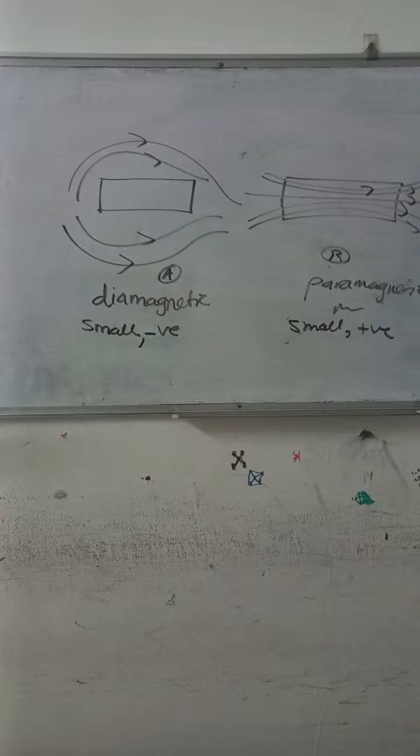In this position, the magnitudes of torque and force acting on it respectively are: first option 0 and MB, second option MB and MB, third option 0 and 0, last option M bar cross B bar and 0.